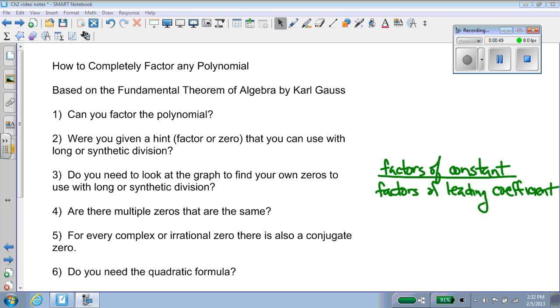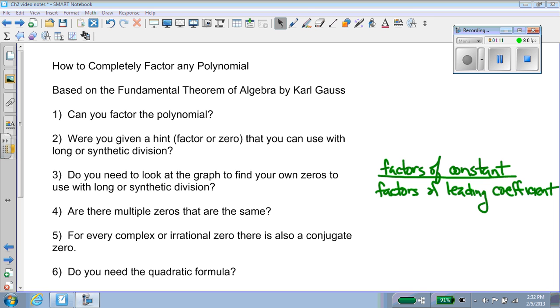If you're looking at a 7th degree polynomial, it should have 7 factors, 7 zeros. And they may be duplicates, like a couple of zeros that are the same, but it is definitely true that the degree tells you the number of factors, the number of zeros you're looking for.